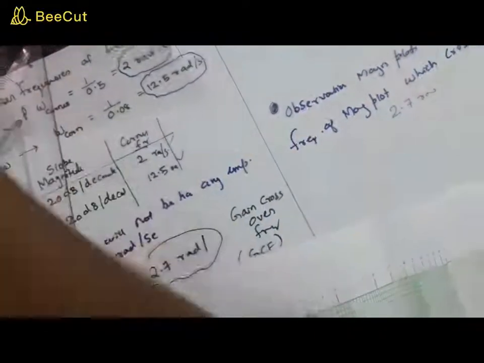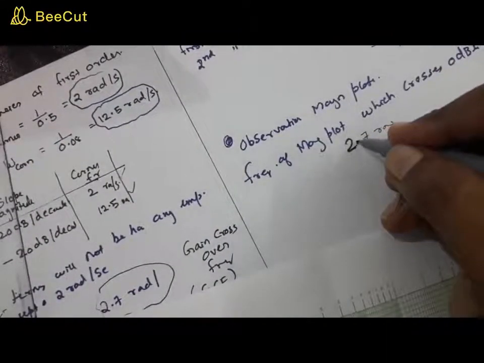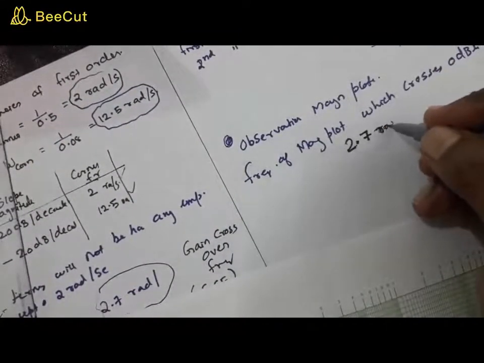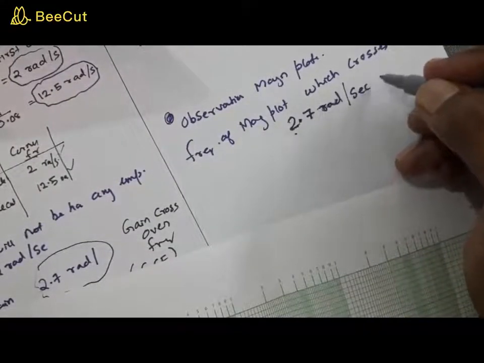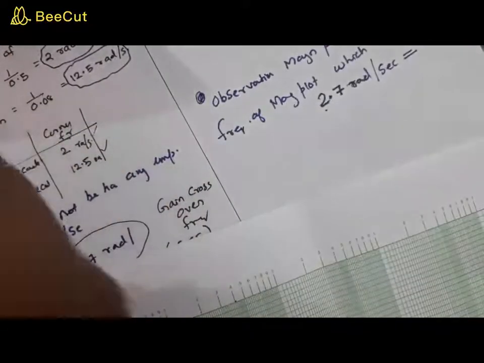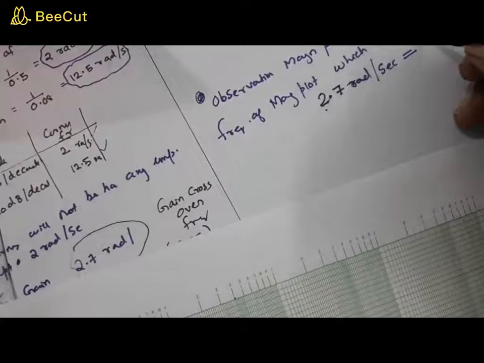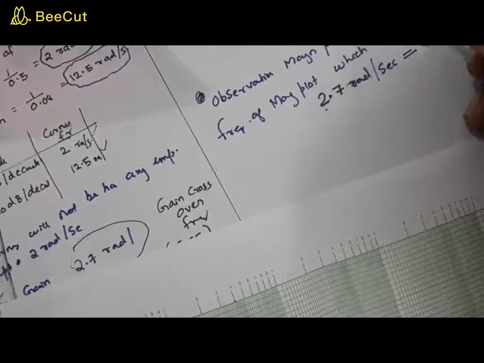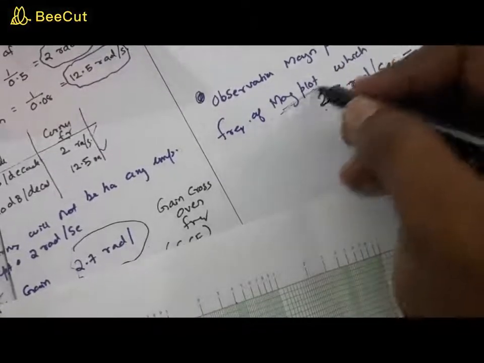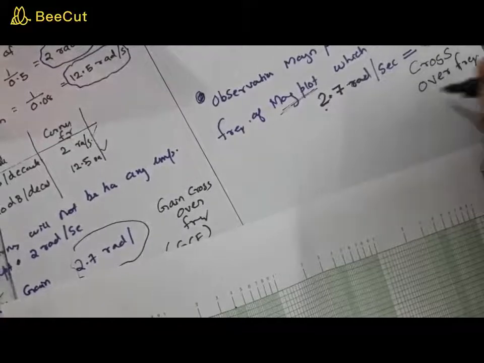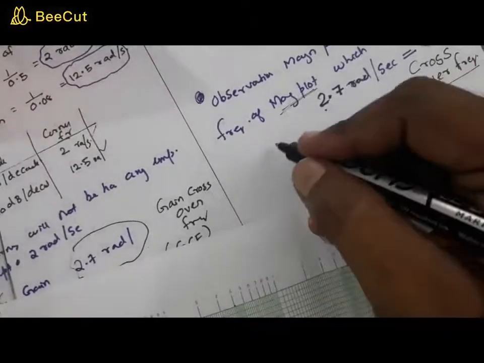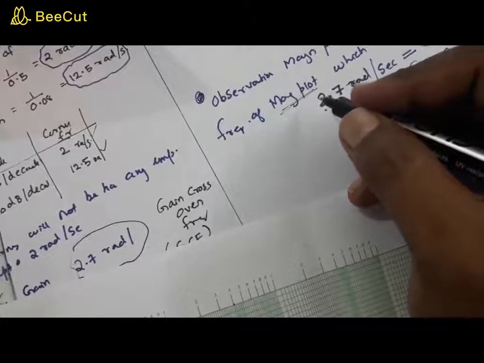So the frequency at which the magnitude plot crosses the 0 dB line is found to be 2.7 radians per second, and this frequency is what is called the gain crossover frequency.